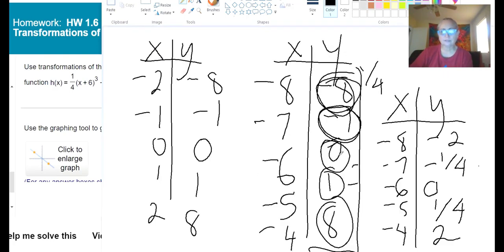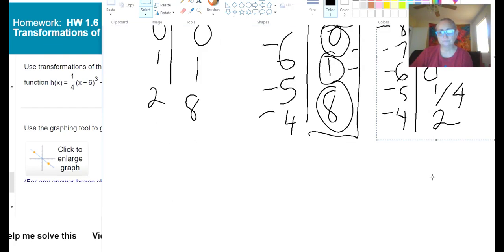What does that look like? Well, let's take a look at that graph.